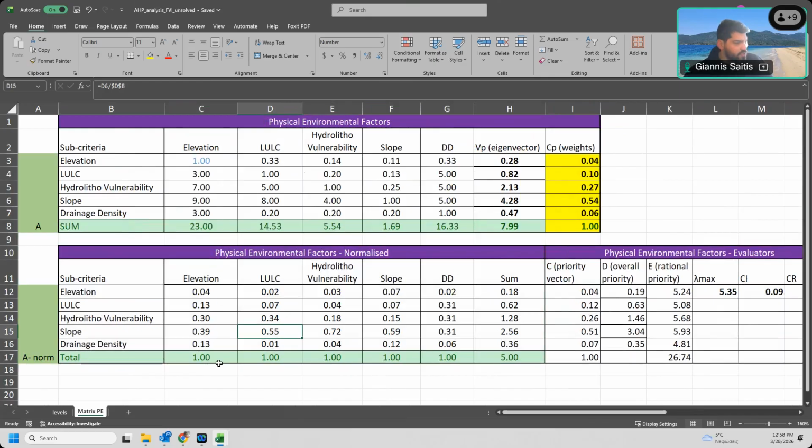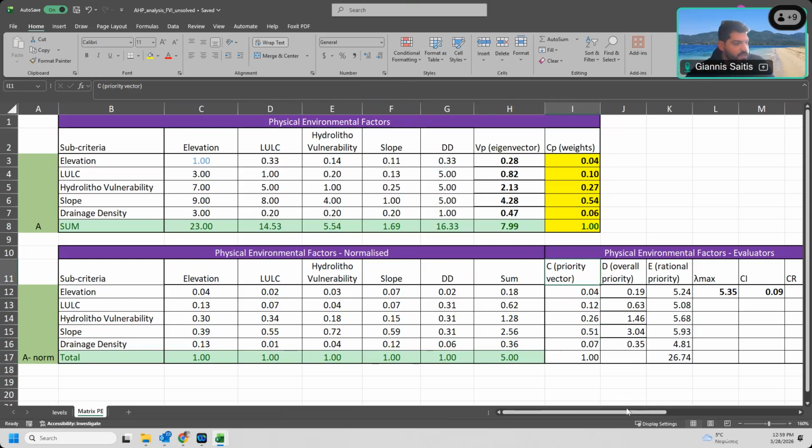So the elevation, okay, we get 1, so it's correct. Their summarize is 5. Yes, we have 5 factors. That's why their summarize here is 5. Okay, and here we are getting how the evaluation of our model is working.